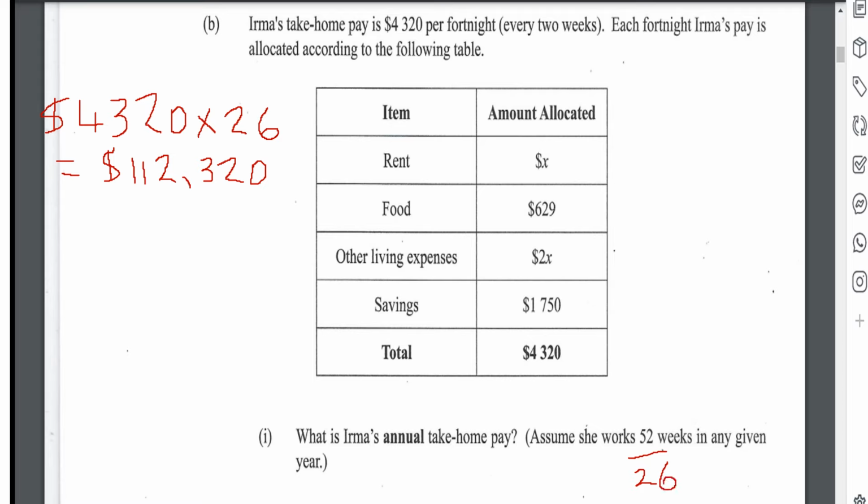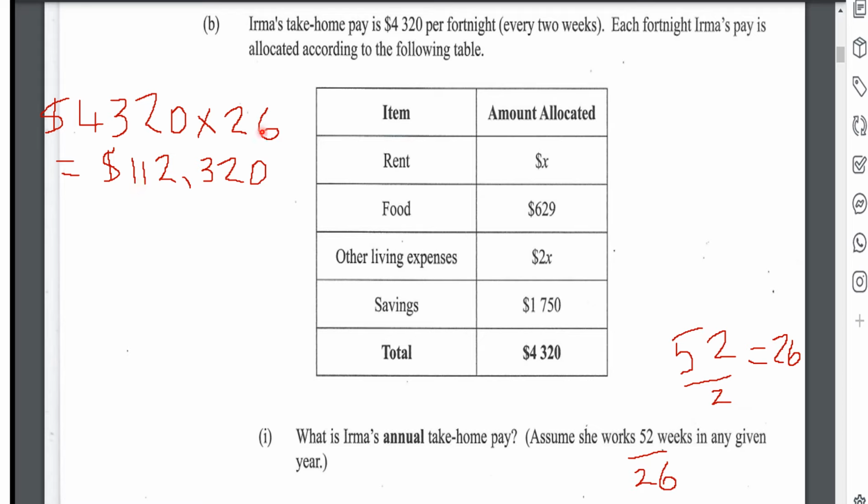So the key here is to note that 52 weeks would be equal to 26 fortnights because we divide 52 weeks in 1 year by 2, because there are 2 fortnights every 2 weeks to get 26 fortnights for the year, and then we multiply that 26 for the fortnight by 4,320.